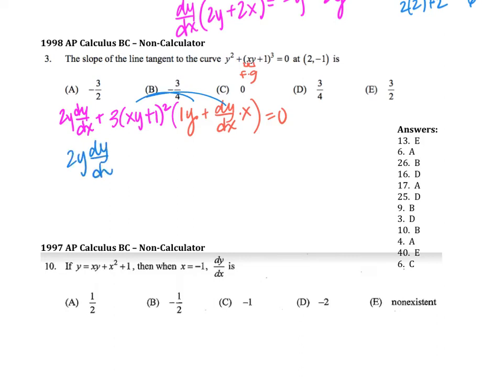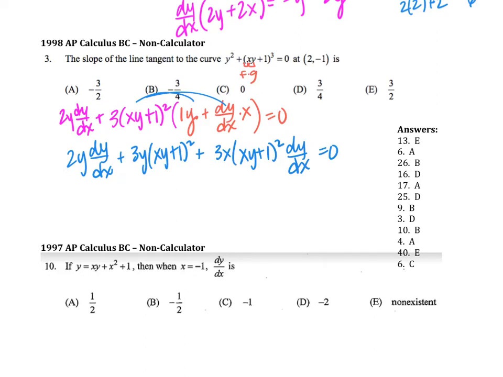So 2y dy/dx and 3y(xy + 1)^2. Again, that's me taking 3 times that y and leaving this with it, plus 3x times (xy + 1)^2 dy/dx equals 0.